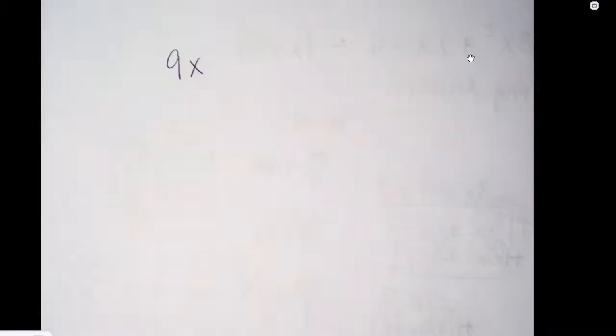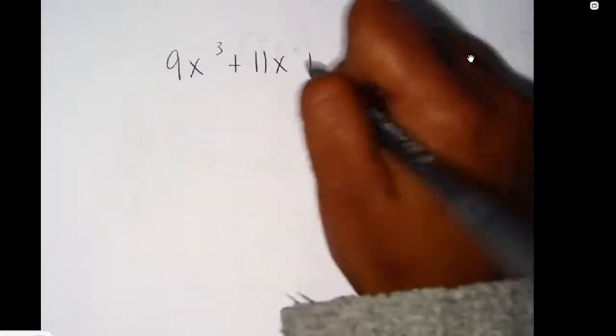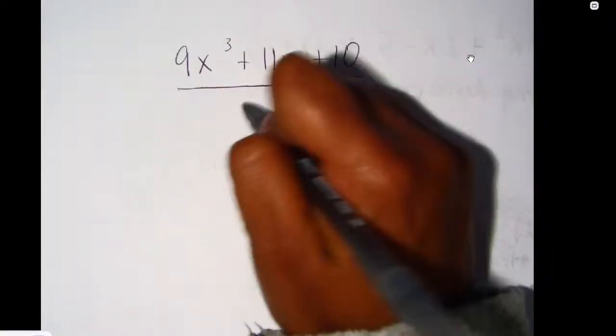All right, for the next one, I'm doing the skill practice, number 4 on page 305. So this one, it says 9x to the third plus 11x plus 10, all being divided by 3x plus 2.